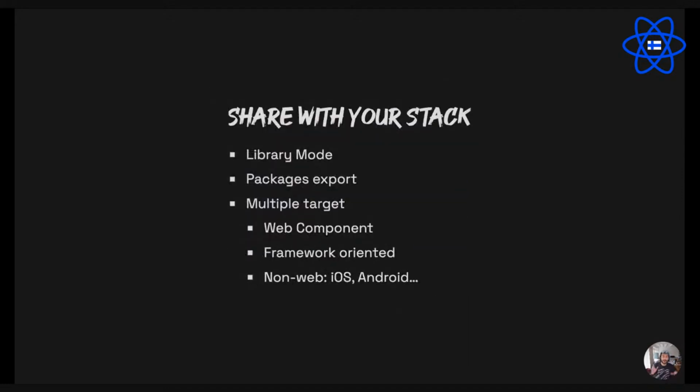So after that, you will be ready to finally share your design system with the rest of your stack. First, you have to focus on the library mode. So everything is distributed in a package, and every component will be ready to be imported and used in every part of our application. We will be ready from the design system package to import the tokens directly if we have to use them in the final application, and to import the components and the molecules, the organisms, and so on.